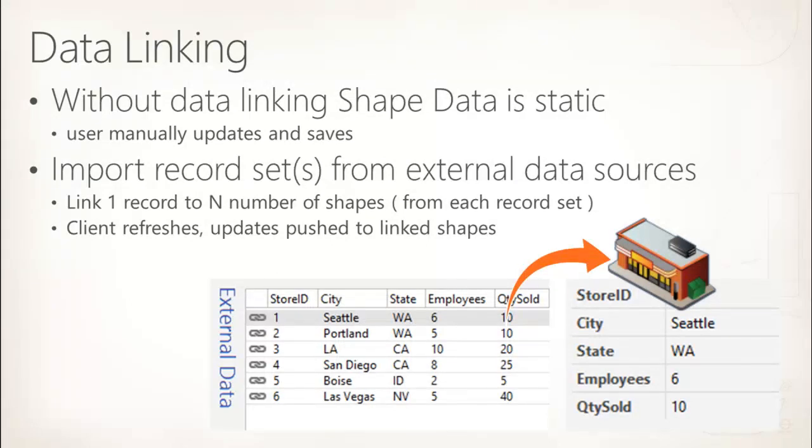We can bring all that together and visualize it on a single shape. That's an important point I want to make about being able to mix and match and pull all of that together into one visualization. Because a lot of times, the person creating these dashboards could probably accomplish that if they could go into SQL and write a stored procedure to bring it all together, but they probably don't have permissions to do that. So this way they can link to these different tables and bring it all together into a single shape.